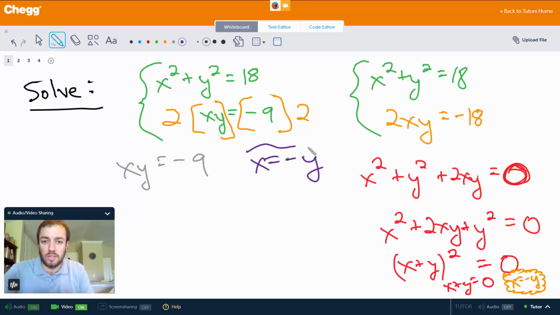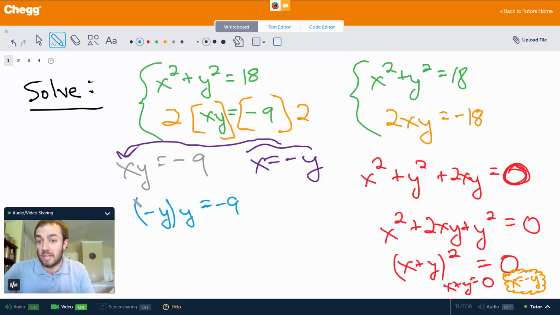Now, if x is negative y, then what I'm actually going to get is negative y times y equals negative 9. Okay, because remember, x is negative y, so this used to be x, now it's negative y. Okay, so negative y times y is just negative y squared. So we have negative y squared equals negative 9.